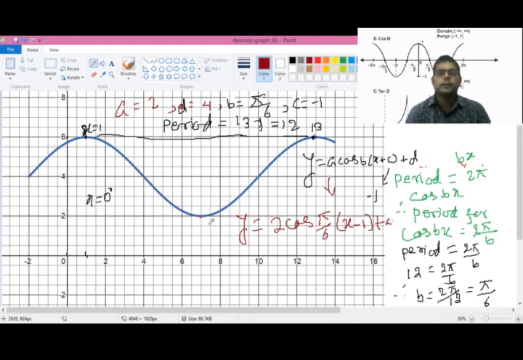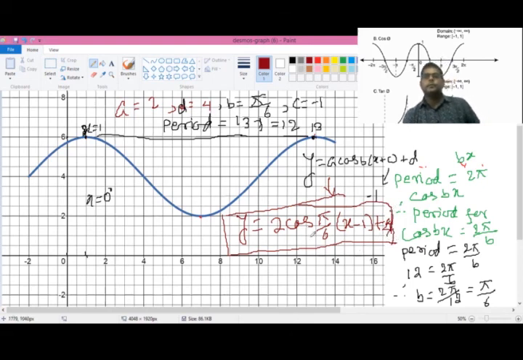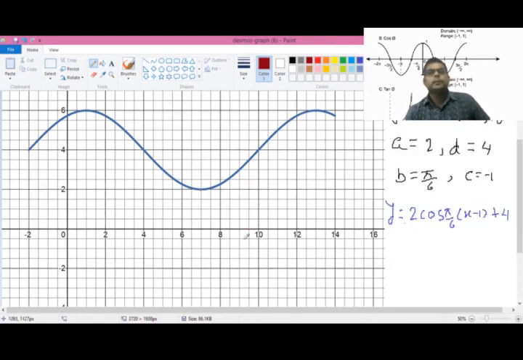So from the graph we saw that one of the equations for this curve is y equals 2 cos(pi by 6 (x minus 1)) plus 4. Therefore, if you consider this graph to be a cosine function, the equation of our periodic function is like this.